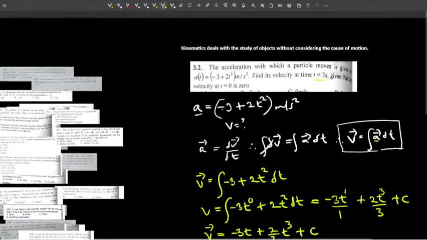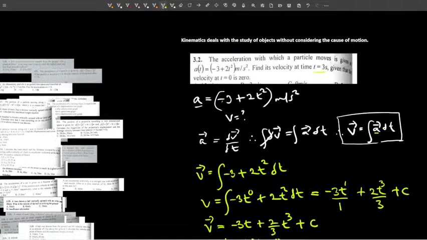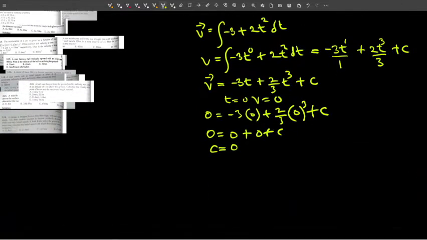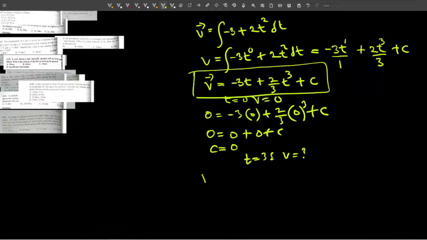Alright, so we're now told to find the velocity at t equals 3 seconds. When t is 3 seconds, what is my velocity? This is our equation: v equals minus 3t plus 2 over 3 t raised to power 3 plus c.